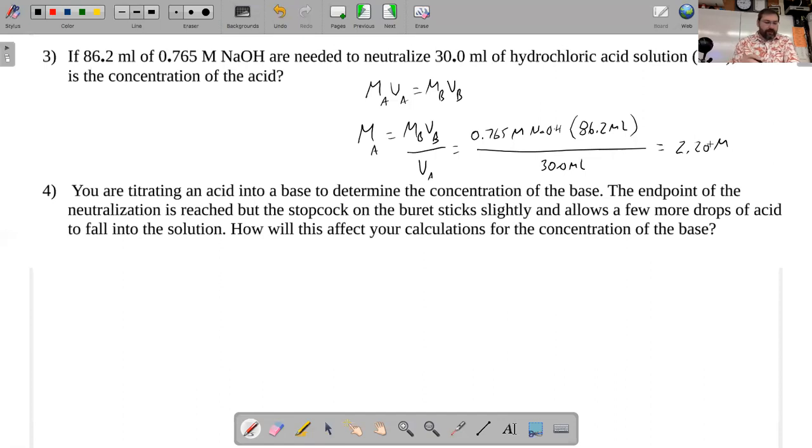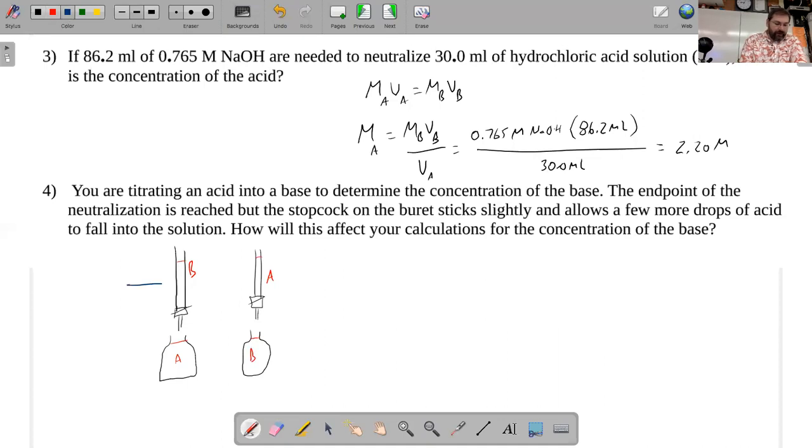Okay, now, titration can work in one of 2 ways. You can either have a base that you titrate into an acid, so you could have a base with a known concentration that you're titrating into an acid, or you could also, in this problem, have an acid in the burette and you're titrating into the base.